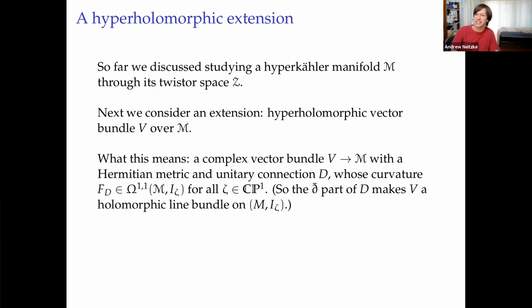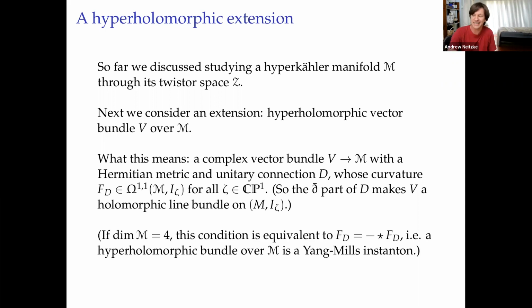So this condition guarantees that taking the del bar part of this connection gives you a holomorphic structure for every zeta. So it gives you a CP1 family of holomorphic structures on this bundle, all coming from this single unitary connection. Okay, so that's what a hyperholomorphic bundle is.